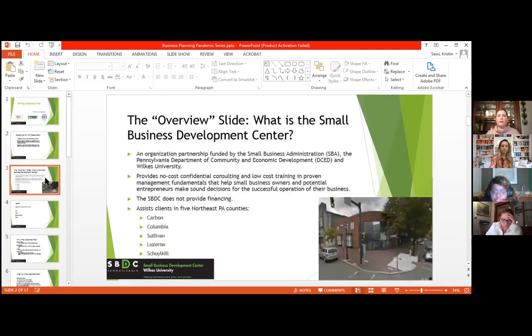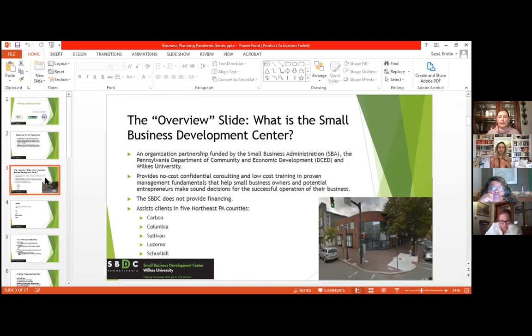I'm not sure how familiar you are with the Small Business Development Center. All in all, there are 17 small business development centers across the state of Pennsylvania, and every county is covered by one. We're a nonprofit organization, so our services are at no cost to our clients.